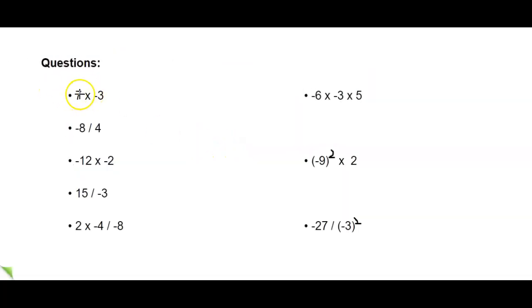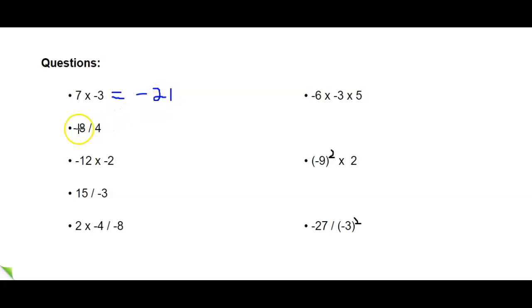So here we have positive 7 multiplied by negative 3. Remember, we stated that a positive multiplied by a negative would always give us a negative. So we know our answer would be negative. So 7 threes are 21. So the answer is negative 21.